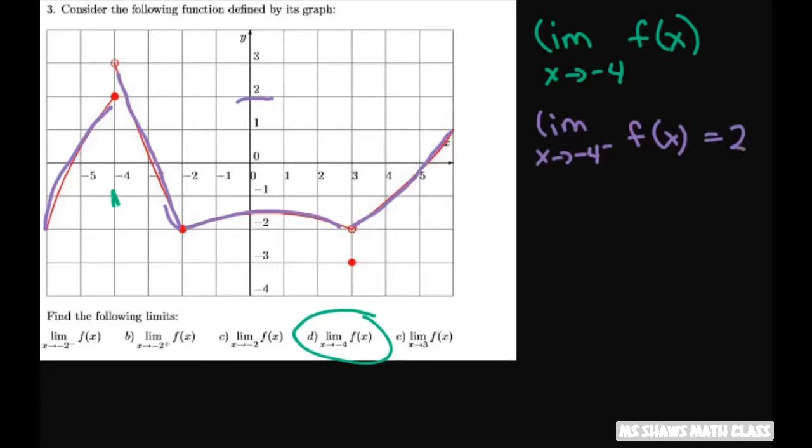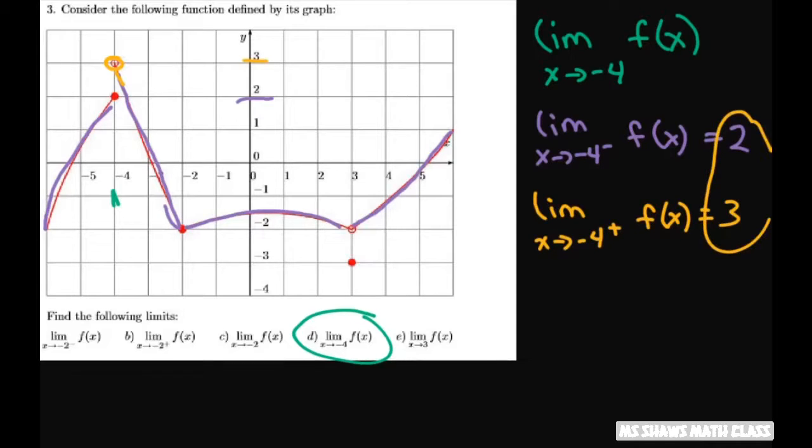That's our output. If we do the limit as x approaches -4 from the right of f of x, that's going to equal 3. Even though this is an open interval here, you can still get close to it. So therefore, that means that since these two don't equal, this limit does not exist.